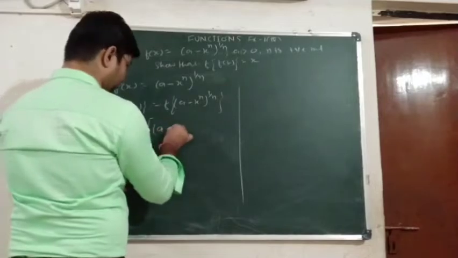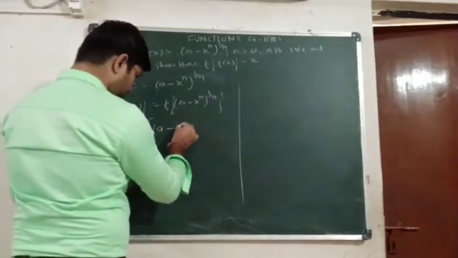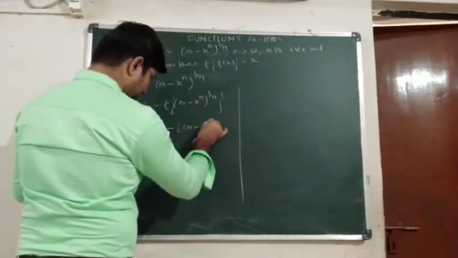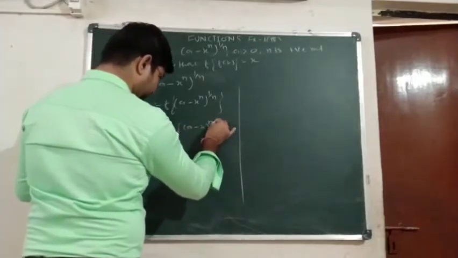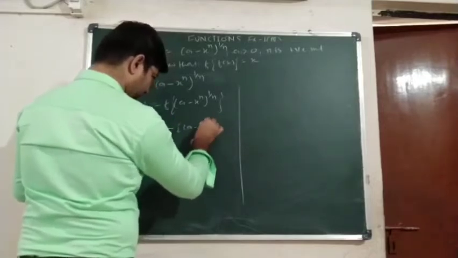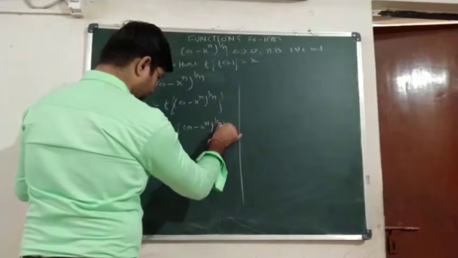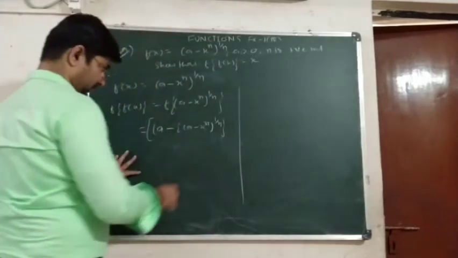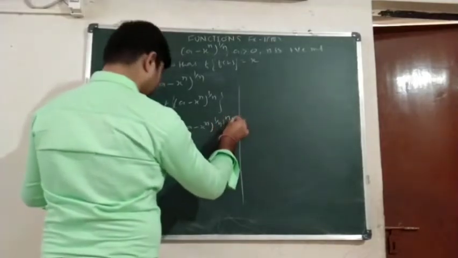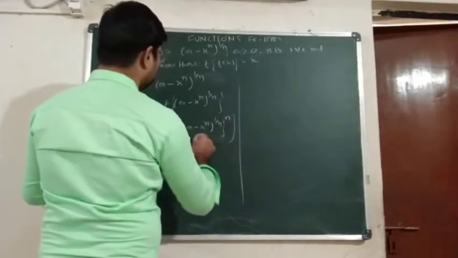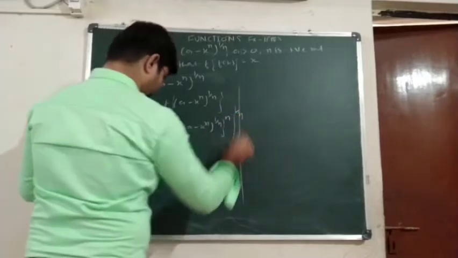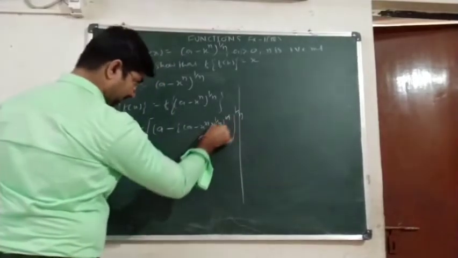a minus, for x we are going to put this bracket, (a minus x raised to n) raised to 1 by n, and the power of x is n, and the whole power is 1 by n. Let us simplify. This n will get cancelled.